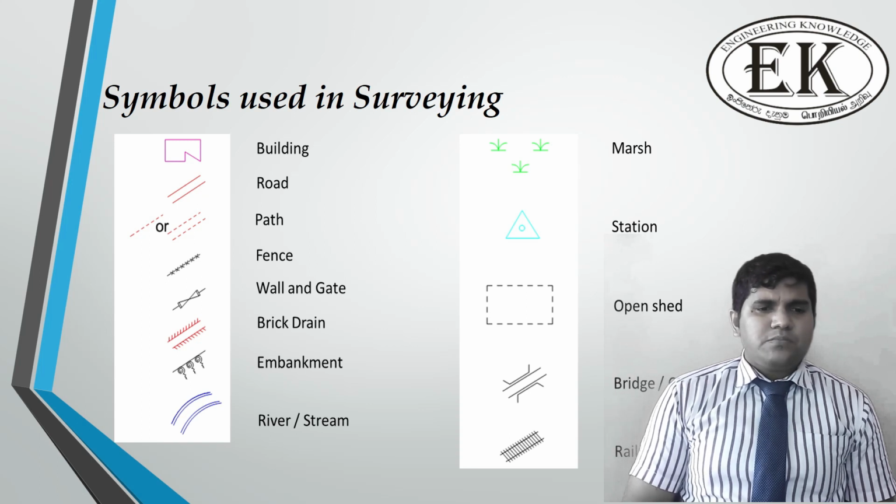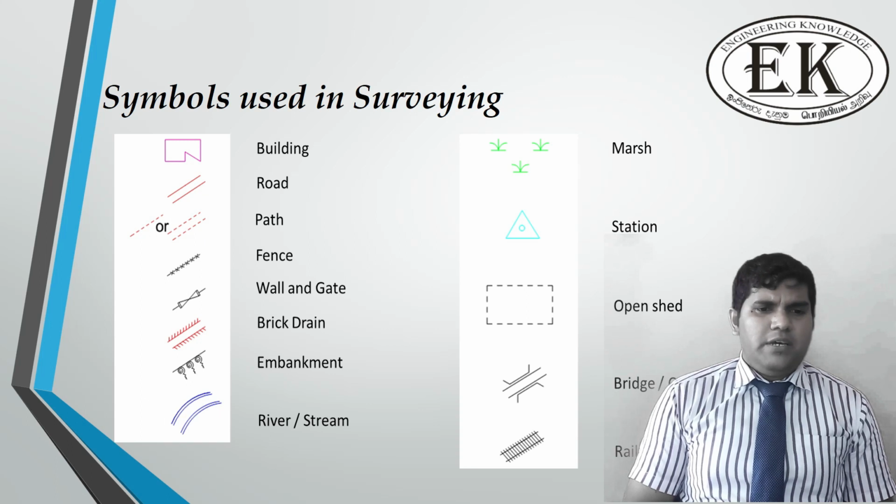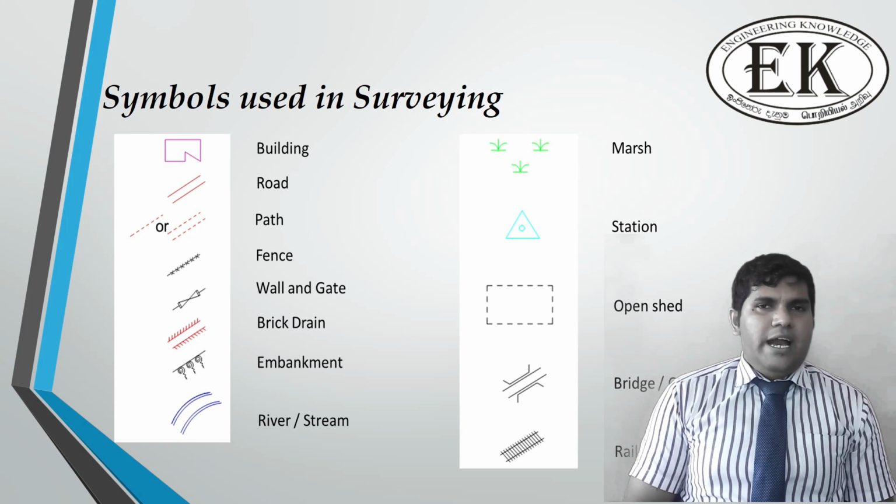Look at the symbols in surveying for buildings, roads and paths, and there are fences, walls, gates, and brick drains. In the building structures mainly we have the brick drain and embankment. These embankment notations are used in highway construction, and for rivers and streams, especially in water projects, we have to use these notations.